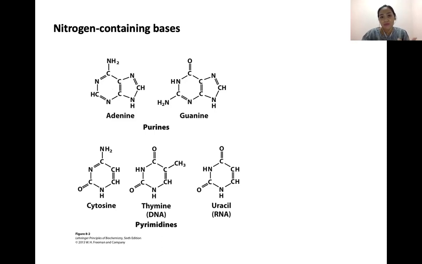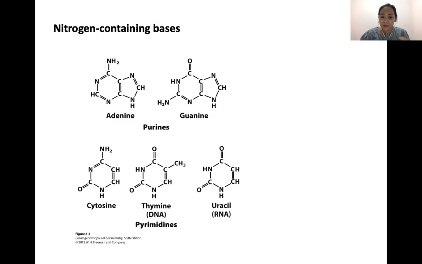Okay. So how do we remember which ones are purines and which ones are pyrimidines? For purines, just remember pure silver, pure Ag, pure adenine, guanine, purines, pure silver. And then the rest will be pyrimidines. So you have the cytosine, thymine, and uracil as pyrimidines.